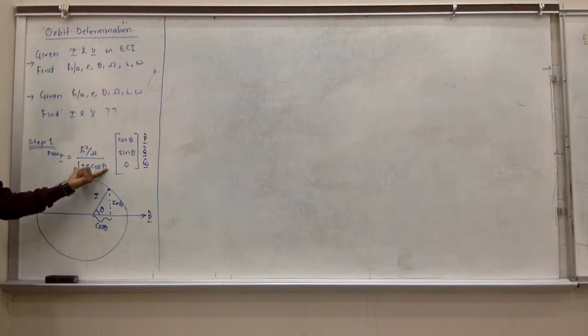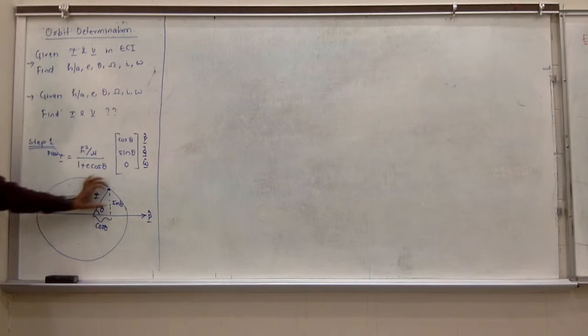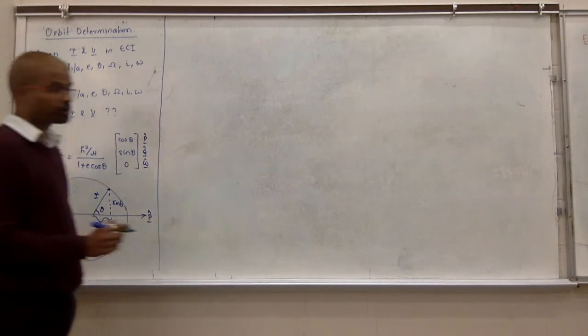This is the magnitude, okay? So this would be P, the magnitude of this times cosine theta, right? This would be the magnitude times sine theta, and the component coming out is 0. Okay? Now you have this, right? Now what is velocity?